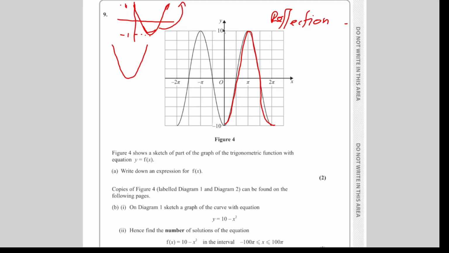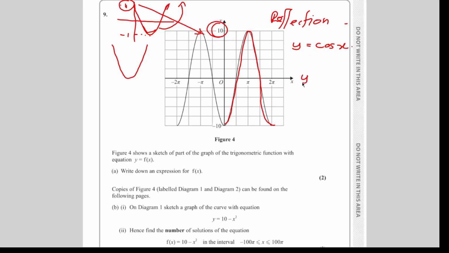But when analyzing, transformation always means analyzing. You have to analyze the original one and the transformation one. So when analyzing the original one, it's supposed to be 1. Now it is 10. So what's the difference? I can see that y equals cos x is the original one. Now it is flipped over.